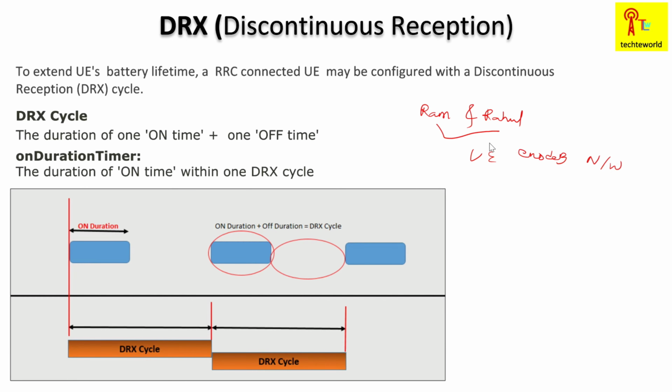Let's say now the UE is in sleep mode continuously, even though the network is transmitting some data through the eNodeB, and the UE is not receiving it. This is the worst case.